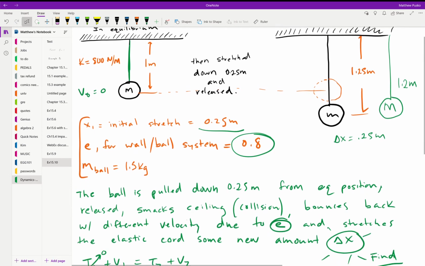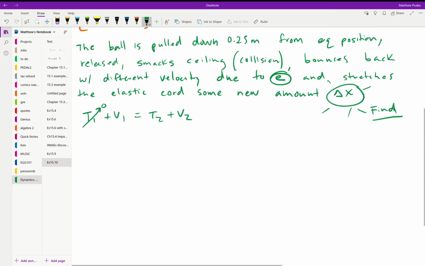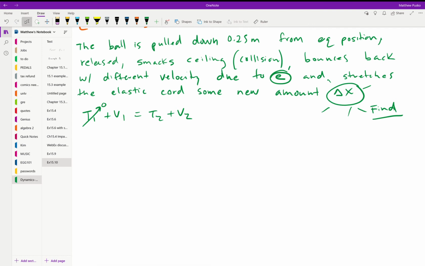Let's call our datum y equals 0 right here. The book does it a little bit different, I believe. That means we have no gravitational potential, but we do have some spring potential, 1/2 kx squared, where that x is the 0.25 meters.